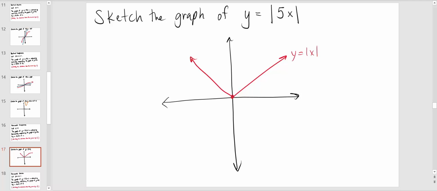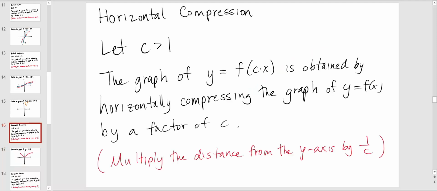The 5 is multiplied on the inside. According to our rule, that's supposed to be some sort of compression. It's supposed to squash the graph. You compress it by a factor of c, so it'll be 5 times closer than it was before, which means you're multiplying by 1/5. So all of the x-coordinates have been reduced by a factor of 5. All of the x-coordinates have been multiplied by 1/5.